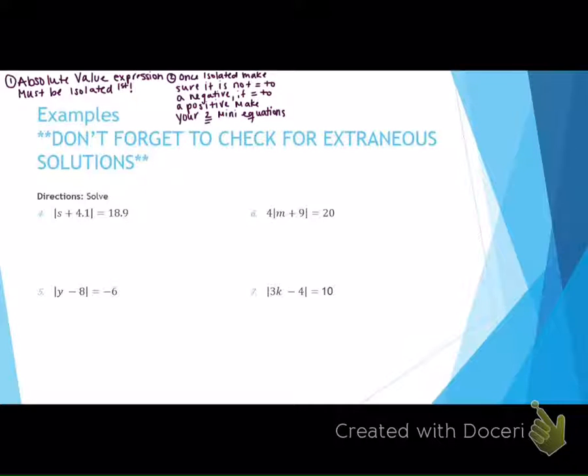You guys have more space than me because you have white space around, so you can always use the white space around your notes too. And then isolate the variable in each mini equation. If you can't see something, let me know and I'll read it out loud to you guys.